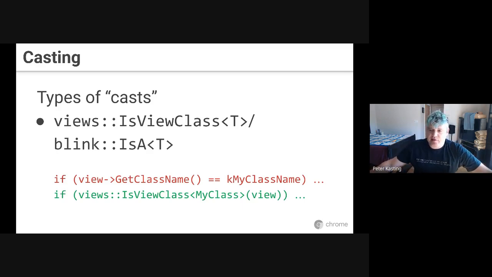And then finally, we have a couple of different sets of functions that are used to do dynamic cast-like things. Some examples of doing a dynamic cast to check whether the thing is the type that you want are views' IsViewClass and Blink's Is, at least on the element hierarchy. So you use them, you know, if IsViewClass<MyClass>(view), and it says true or false, this is in fact your class type.